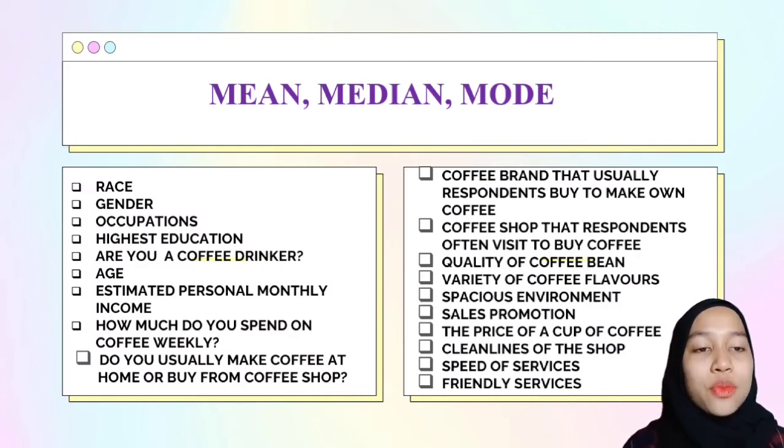Mode, the response of teenagers and adults in Malaysia who rate 5 with the greatest frequency, which is 62. The price of a cup of coffee, mean 4.071, median 33. Mode, the response of teenagers and adults in Malaysia who rate 5 occurs with the greatest frequency, which is 17.